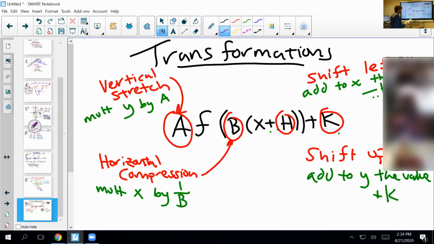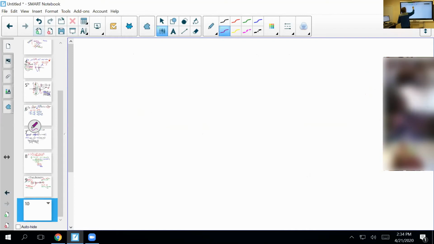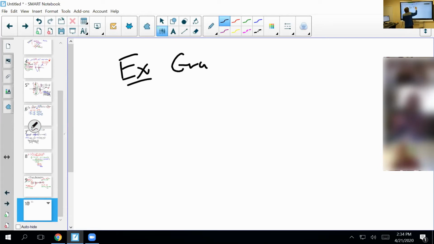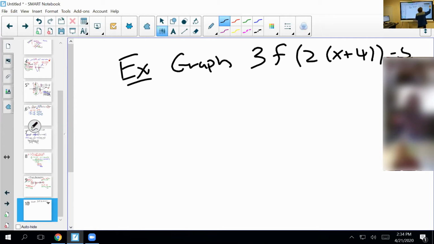Let me do one example here on the video. So let's do this example. So graph, and it's just gonna be a sketch, it doesn't have to be a perfect graph, but I'm gonna graph this: 3f of 2x plus 4 minus 5.